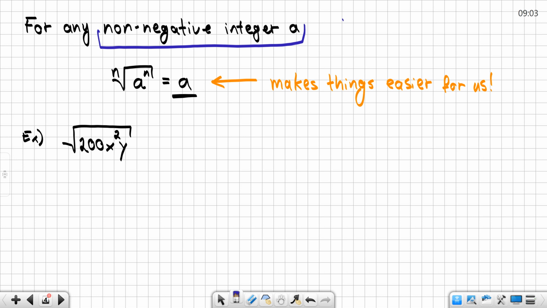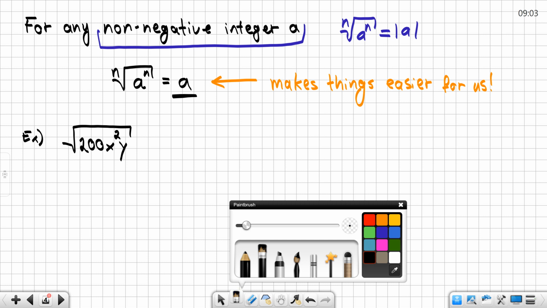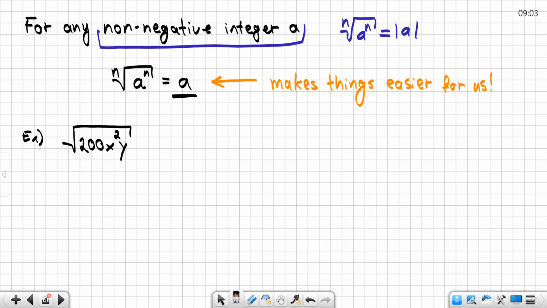Remember that we said that if n is even, then the nth root out of a to the n, strictly speaking, is the absolute value of a. This would just make our problems look more complicated. It would not be very interesting for the difficulty level. So we are just going to say, let's forget about that, and we are not considering negative values.